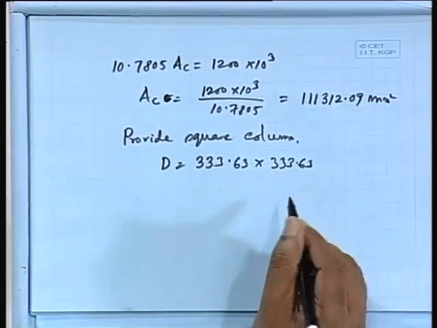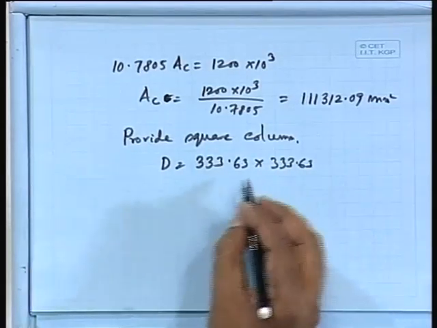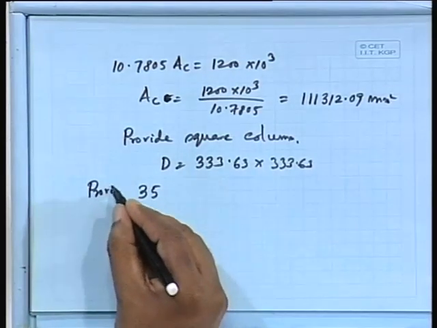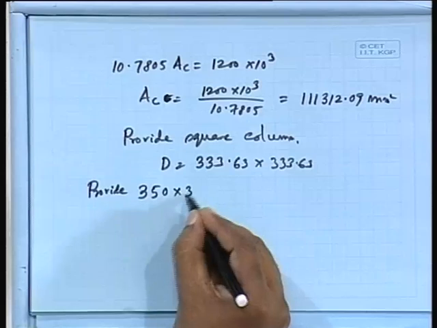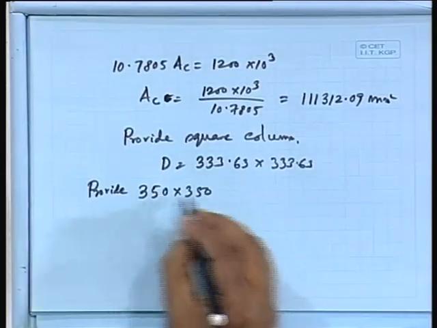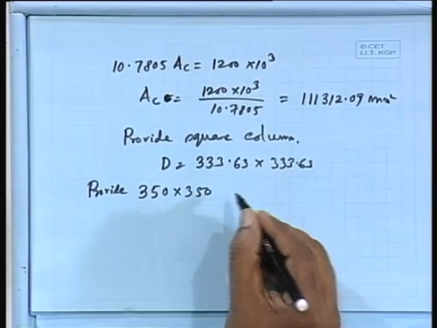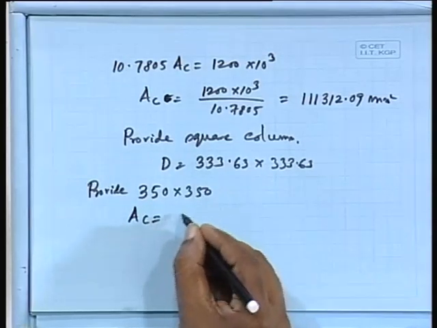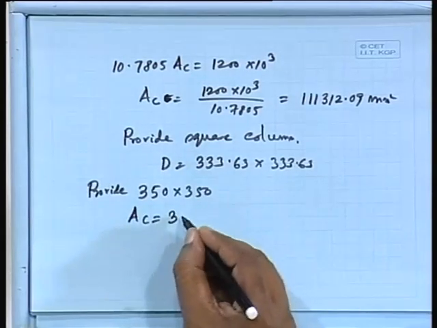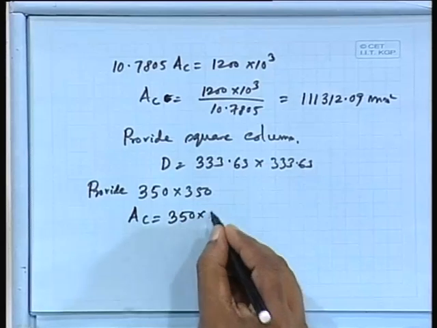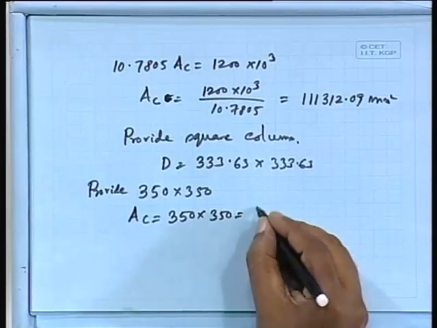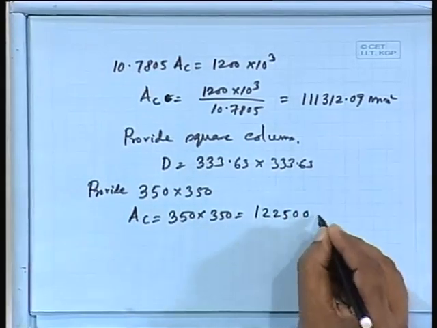So we cannot provide this one. What we can do here, let us assume that we provide a 350 by 350 dimension column. So AC equals 350 into 350, which comes as 122500 square millimeter.